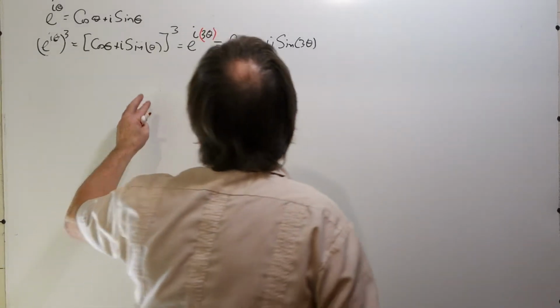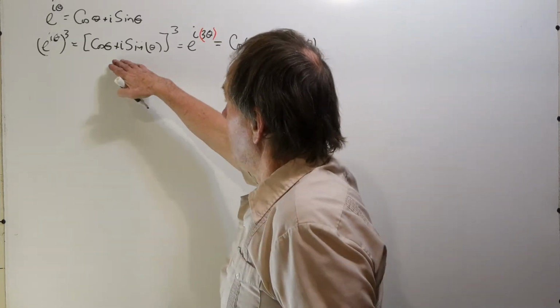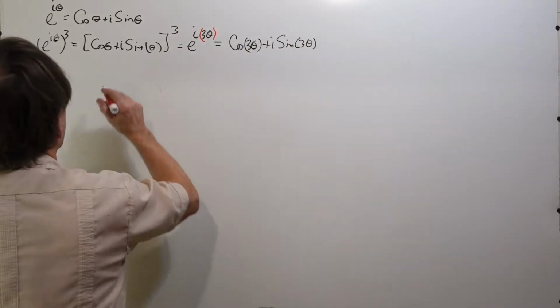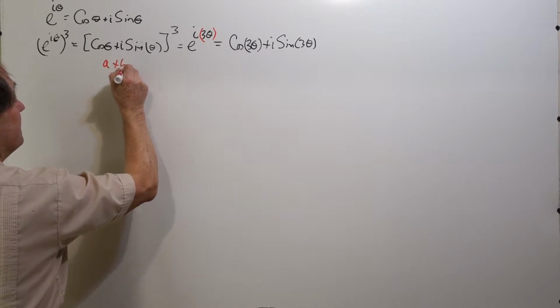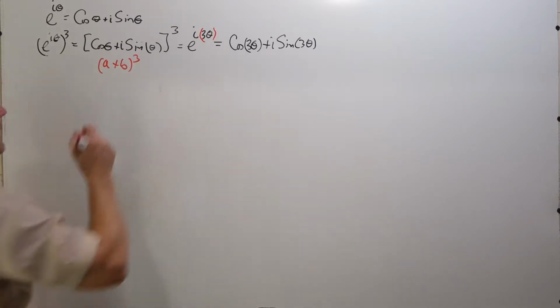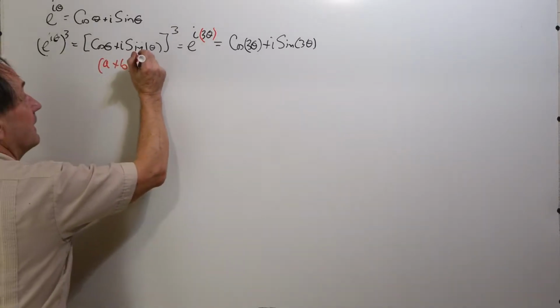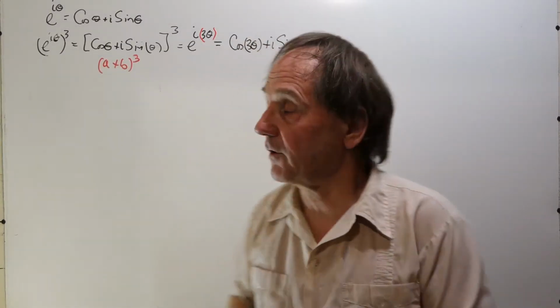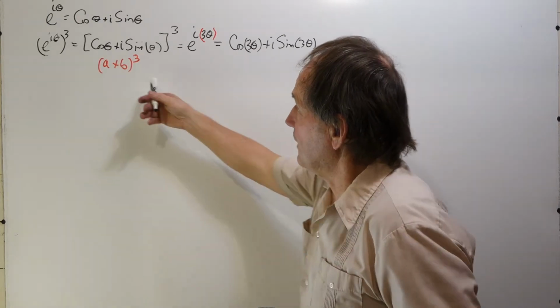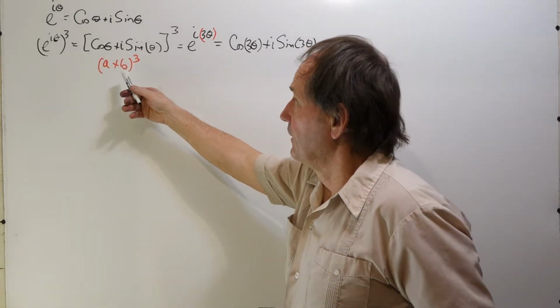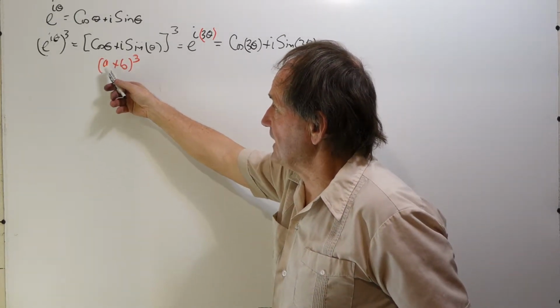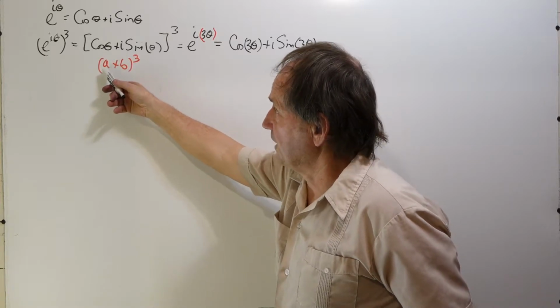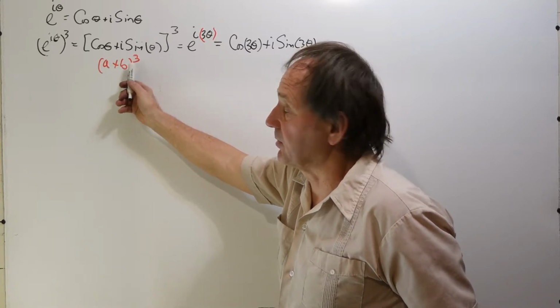Now, in order to expand a binomial, this is of the form (a plus b) to the third power. When we had a square, a second power, it was easy because we know how to do squares. It's a squared plus twice the cross product, ab, plus b squared.